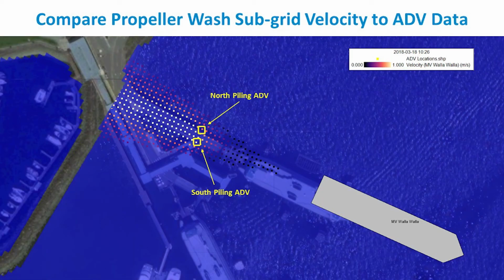Looking in a little more detail at the ADV data relative to the predicted velocity jet behind the ship, you can see here in this figure the initial position of the velocity jet subgrid along with the ADV locations at the north and south pilings.